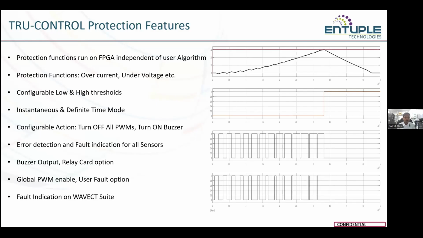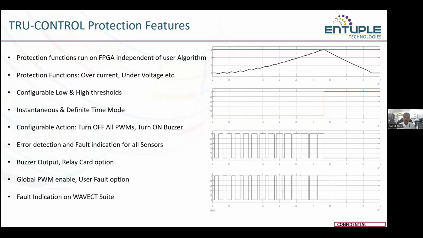So in TrueController, we are providing inbuilt protections. Those protections are implemented in the FPGA only. They are generally over voltage, over current, under voltage, under current protections, and PWM short circuit protections.